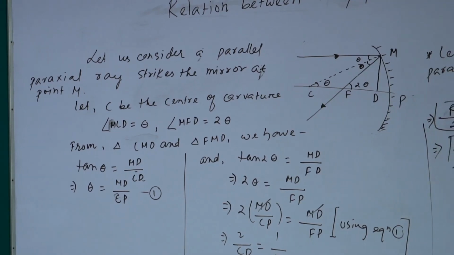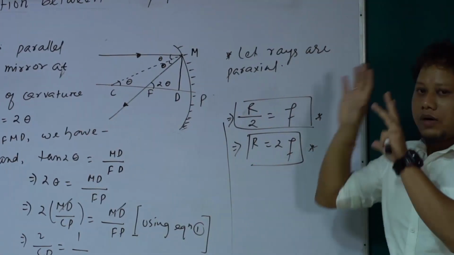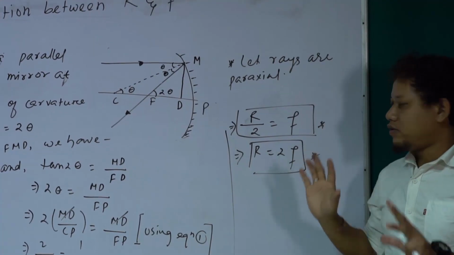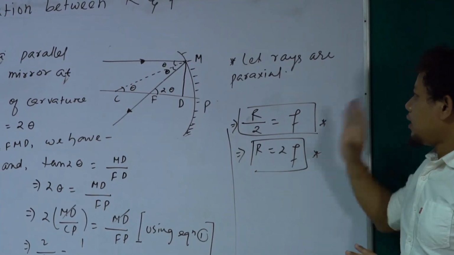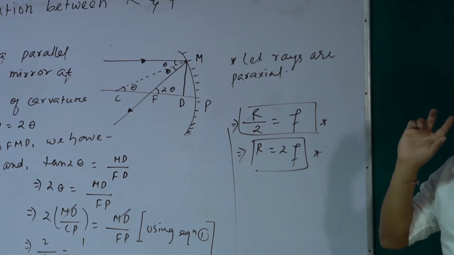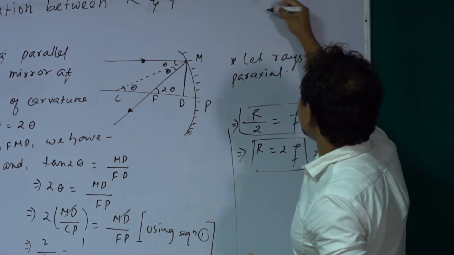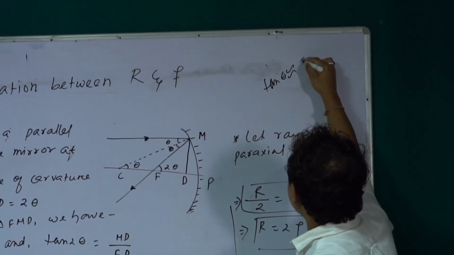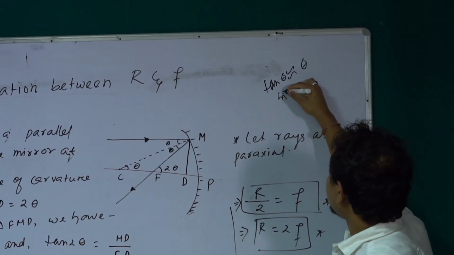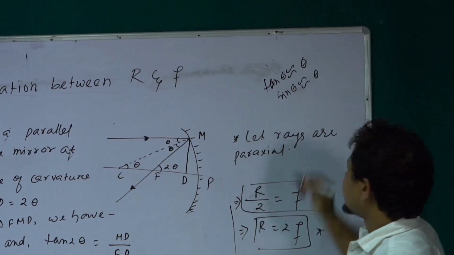Now focus on this particular point. Whatever we discuss in this class 12 syllabus, all the rays will be paraxial rays. For paraxial rays, tan theta is approximately theta, and whenever you get sine theta, you can consider theta.